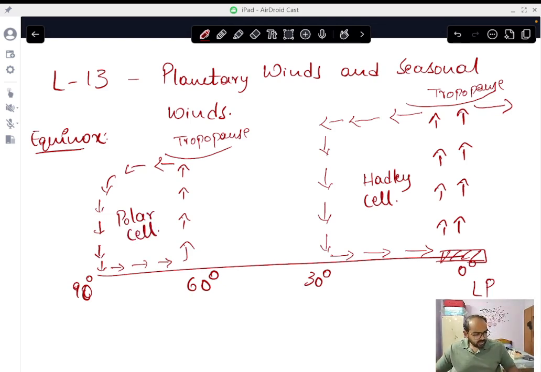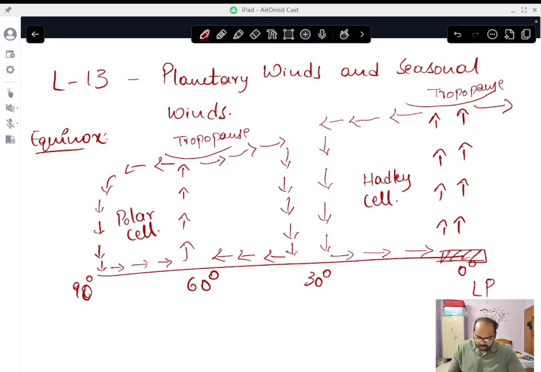Okay, next, we said that one branch moves towards the polar region and another branch moves towards the subtropical region. Moving towards the subtropical region, this branch gets cooled down at the tropopause and descends. It hits the surface at the subtropical region and diverges. After coming to the subpolar region, it again rises up. Why does it rise up at this point?